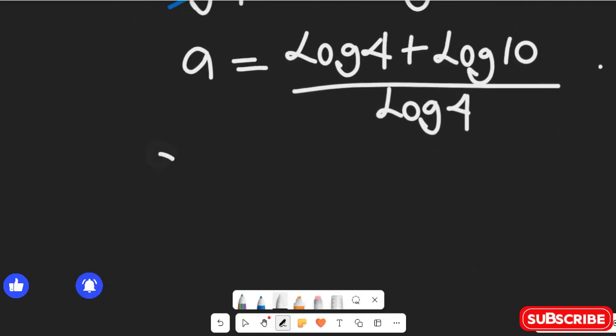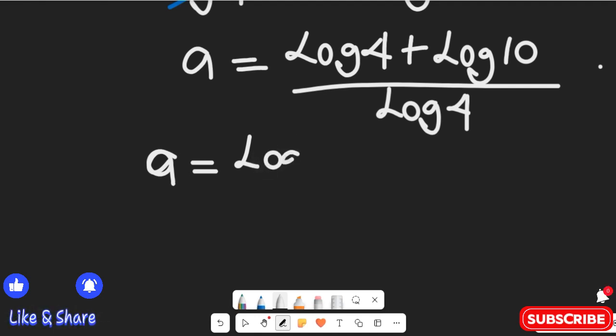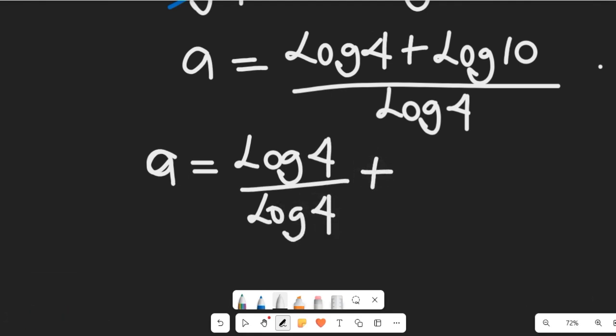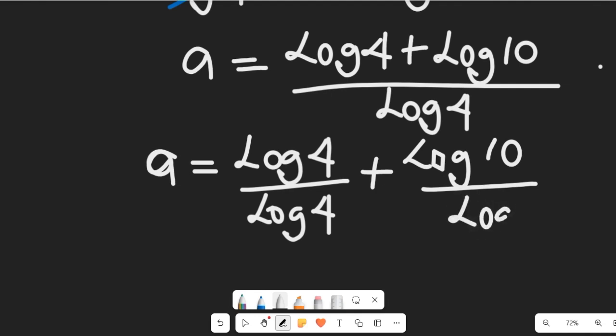So this is going to give me a equal to, I can separate this. I'm going to have the log of 4 divided by the log of 4, right? And this will be plus log of 10 divided by log of 4, right?